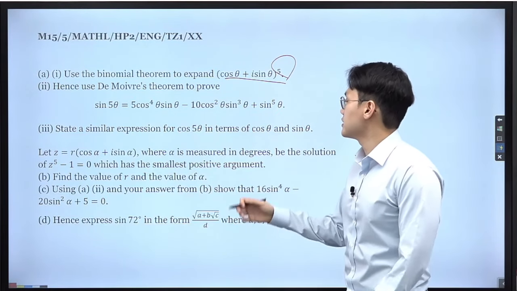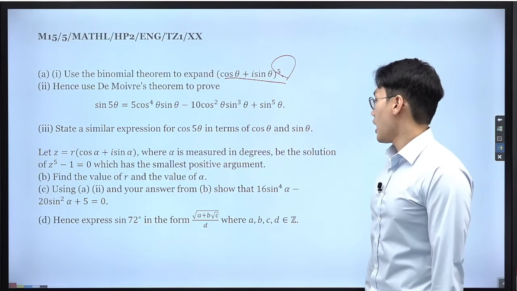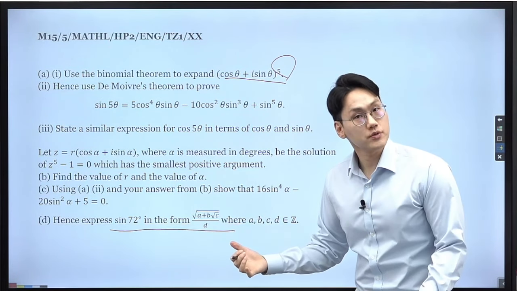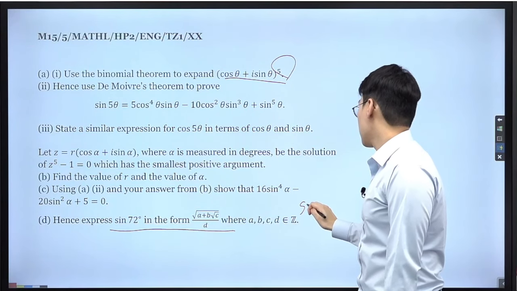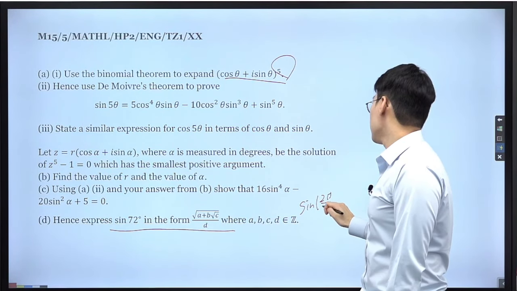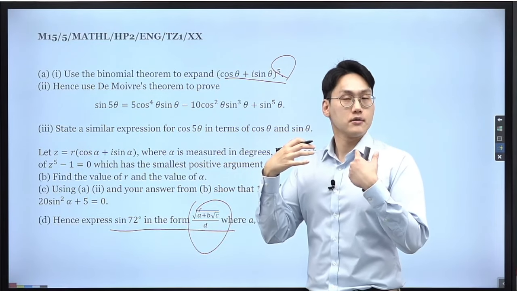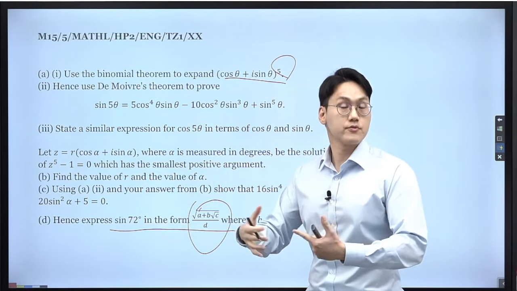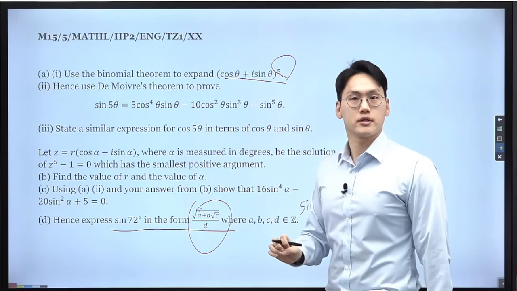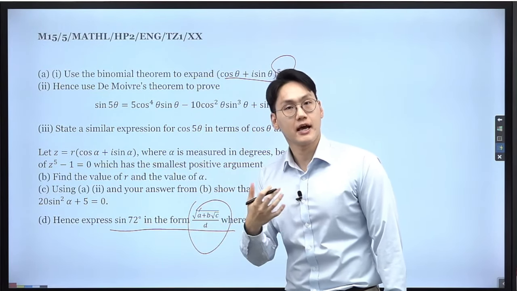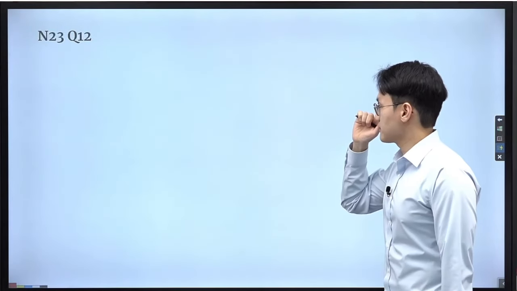Then you also derive the exact value of sine 72 degrees, which is sine 2 pi over 5, using this quadratic form. So the quadratic relies on the complex number solution, and we wonder what geometric significance it has as a solution. Let's have a look at the next question.